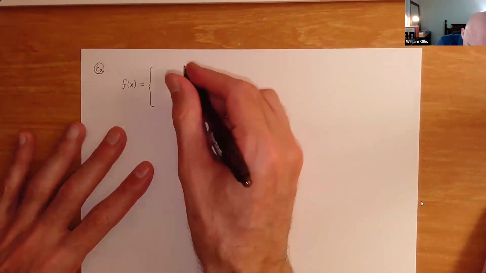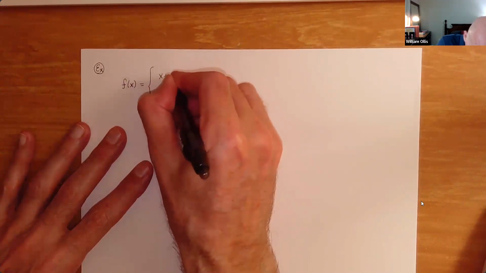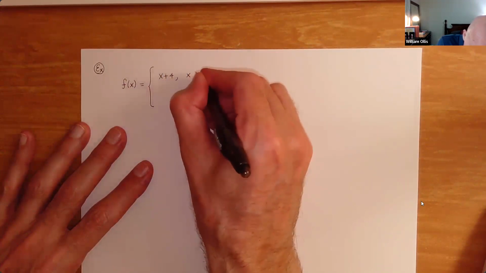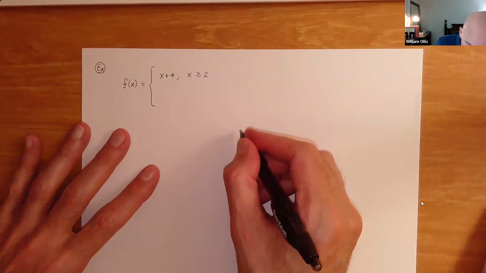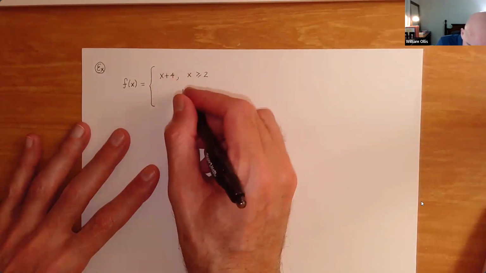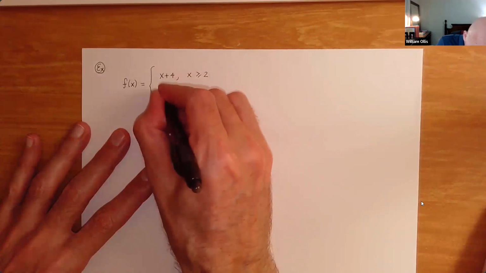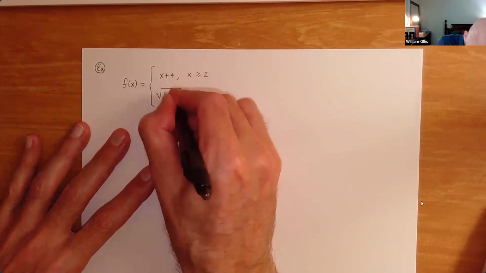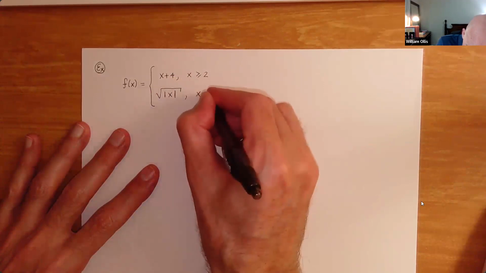So we'll say that f of x equals x plus 4 when x is greater than or equal to 2. And then we'll say that, if you will, f of x will be the square root of the absolute value of x when x is less than 2.